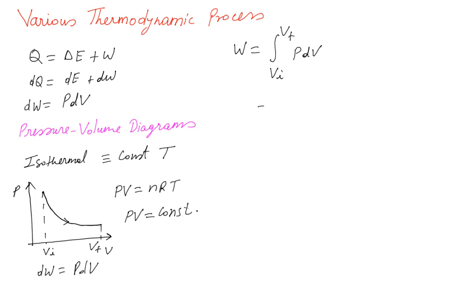Now we know that P can be written as nRT divided by V, with nRT constant, so the integral is nRT dV over V. If you integrate that, you will see that W equals nRT ln of Vf over Vi.